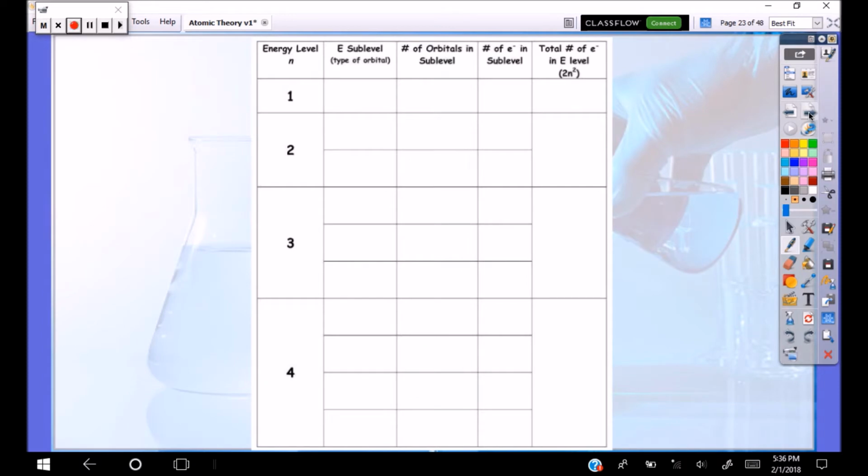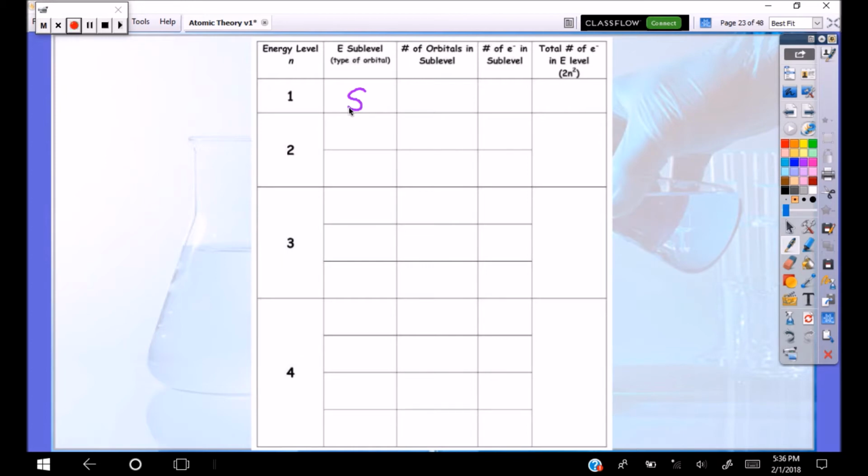So first things first, I just wanted to review your electron configurations. When we're talking about electron configurations, we know we have different energy levels. Let's just look at the first 4 energy levels because they're the most relevant to us right now. We know the first energy level can only have an S subshell.